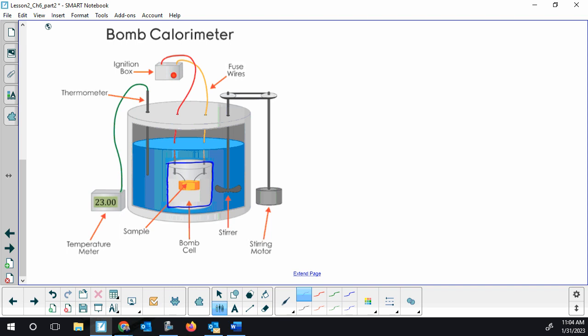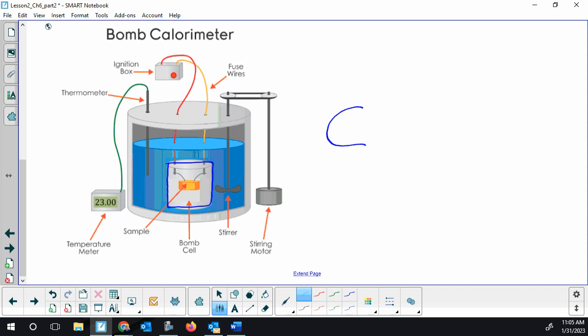It's sealed. Inside is a little chamber that you can put your food, and it's electrically connected outside the bomb, so they can spark whatever is inside. You literally blow up whatever food product or whatever you want to figure out the enthalpy change inside this whole bomb setup, and between the very controlled water and the mass of your bomb calorimeter, there will be a big C value for this device.